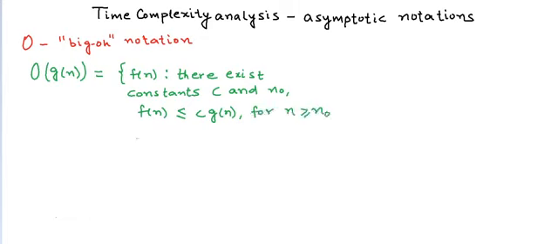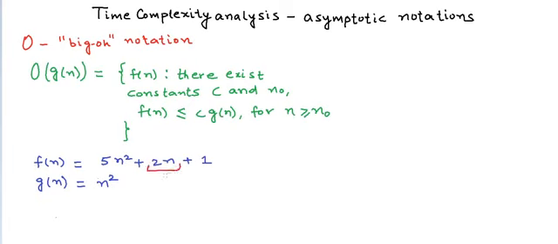equal to n₀. And it's easier to understand this using some example. Let's say we have a function f(n) = 5n² + 2n + 1, and we have g(n) = n². Now let's see, this 2n can never be greater than 2n², and this 1 can never be greater than n².